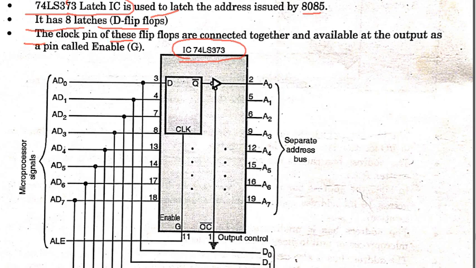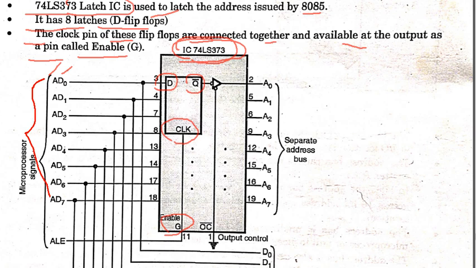So the clock pins of the flip-flops are connected together and available at an input pin, which is called enable G. So यहाँ पे flip flop जो use किया, that is D flip flop. We know that a D flip flop has only one input, and the clock is there, and the output is Q. So that is the D flip flop. So 74LS373 is the latch which will be used for the latching of the address and data.